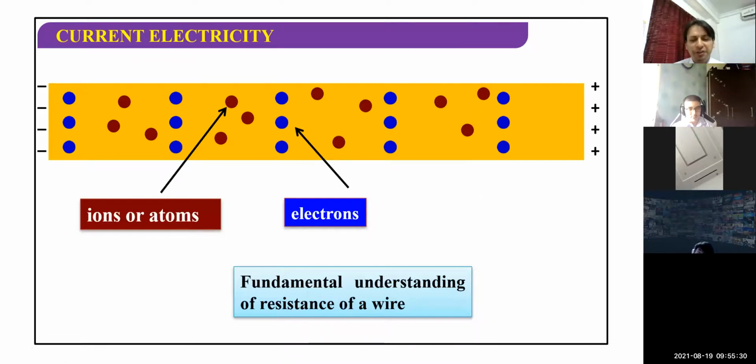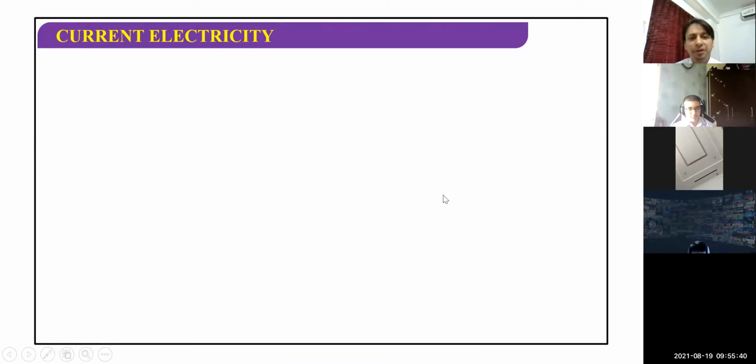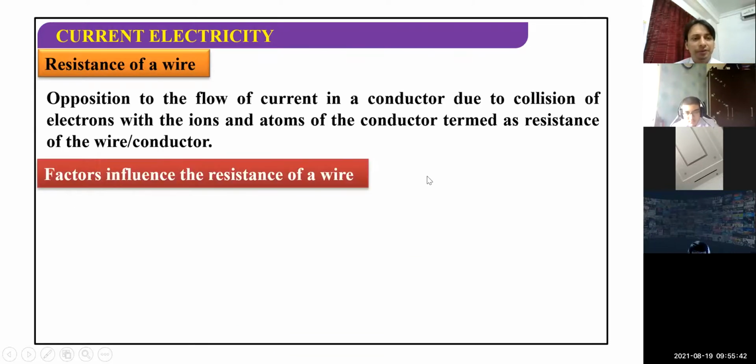Fundamental understanding of the resistance of a wire: it is understood that in a metal, ions, atoms and electrons are there, which you are already aware of. The next important point, children, is on what factors resistance depends.